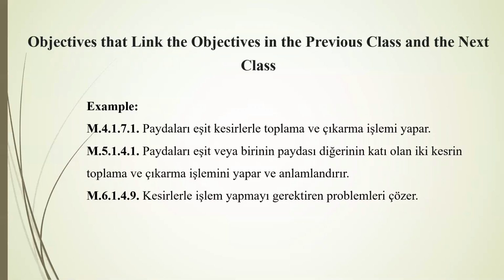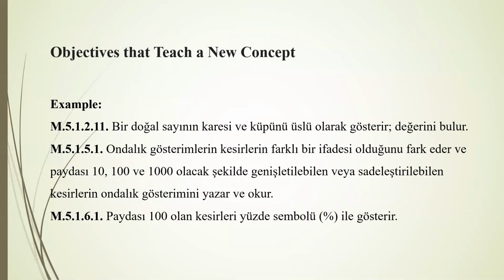Also, the next year's objectives require some background, information, and maturity to apply them, and these are provided in the previous year's objectives. We can say that the 5th grade objective acts as a bridge to make a connection between previous and next years' objectives.